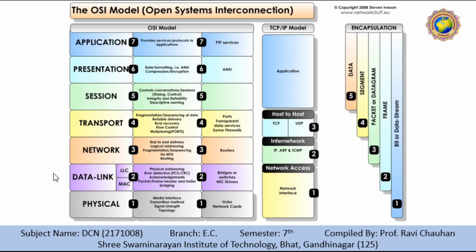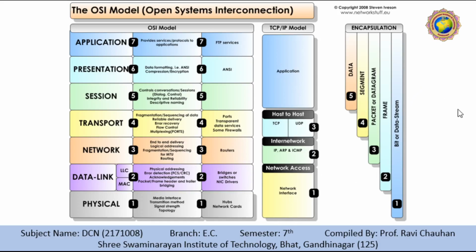Yes, this figure shows the comparison of the OSI and TCP/IP protocol suite in a different way. We can elaborate on this. As you can see, particular layers in the OSI model are written there. The function is given and particular roles are there. The TCP/IP protocol suite is also there.